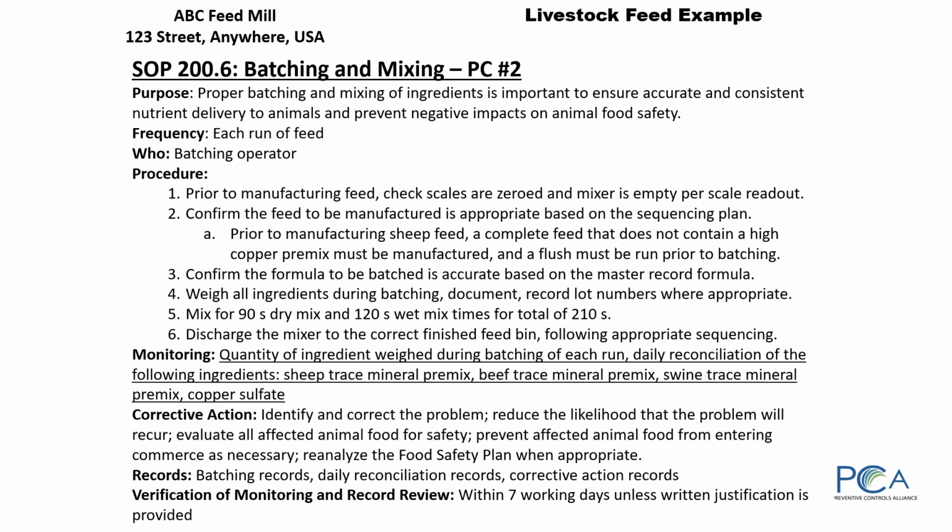Okay, here's an example of a description of a preventive control. So ideally, this will be in the part of your food safety plan that says preventive controls, and it will talk about each of your preventive control procedures and all of the management components associated with that. So up top, we have the first couple of sections that talk about the purpose, the frequency, who's doing it, and then the actual step-by-step procedure.